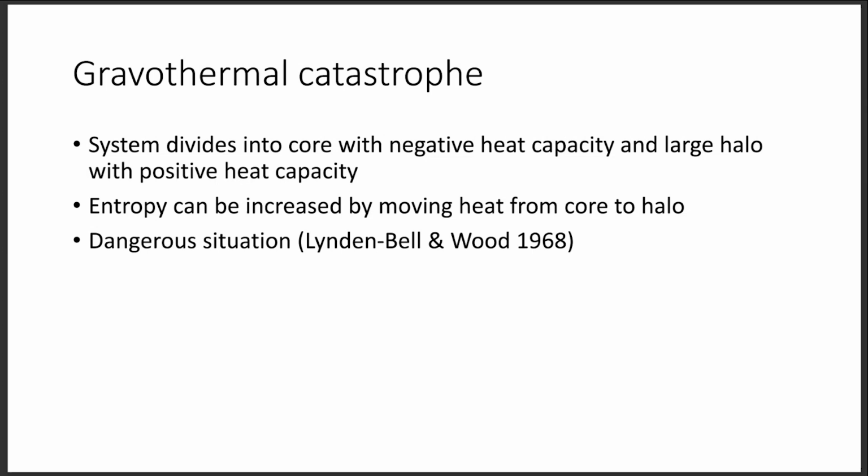And at this point, the positive specific heat halo has a thermal capacity which is in modulus as big as that of the negative specific heat core, and we've got this instability. So now, what happens in the real world if you went to the space station or somewhere and constructed this?